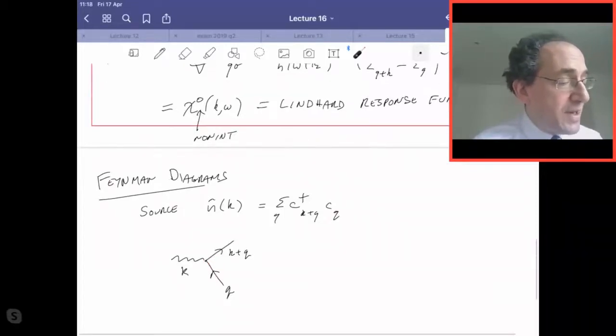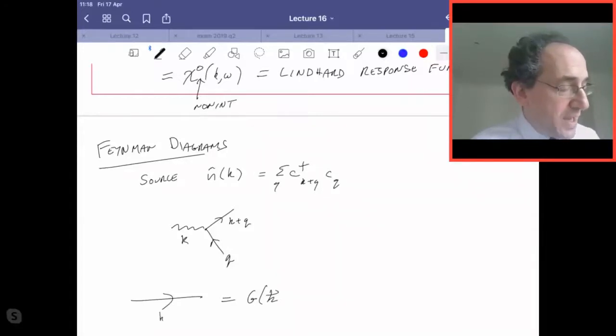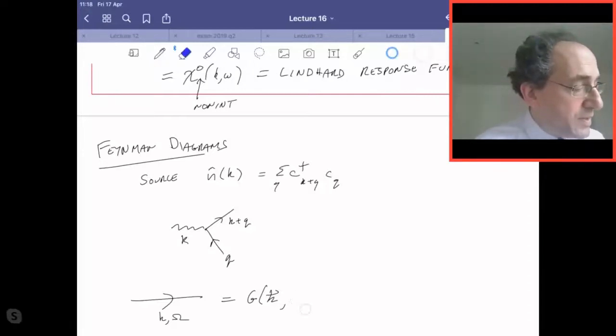Then we have these straight lines, which are propagators, and they correspond to Green's functions. If this is labeled with a k and an omega, this will be G of k comma omega, with a big omega like that.